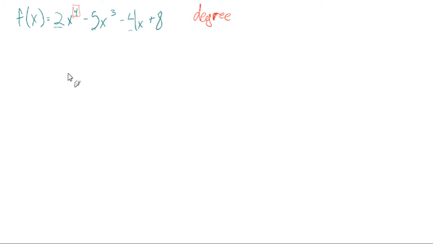Now, evaluating a polynomial, what does that mean? Evaluating just means that we're going to put numbers into x and see what comes out. Okay, so we'll write this down in words: evaluate the function f for x equals 3.